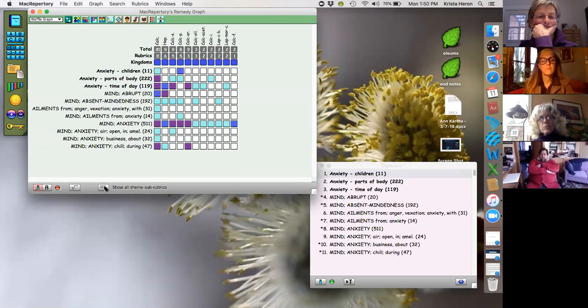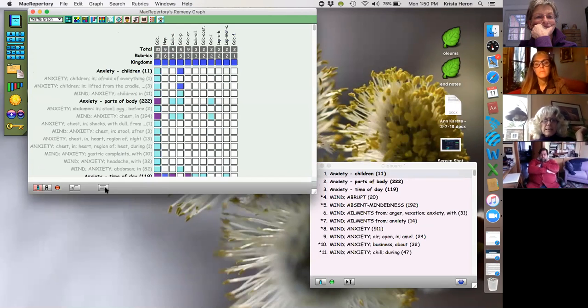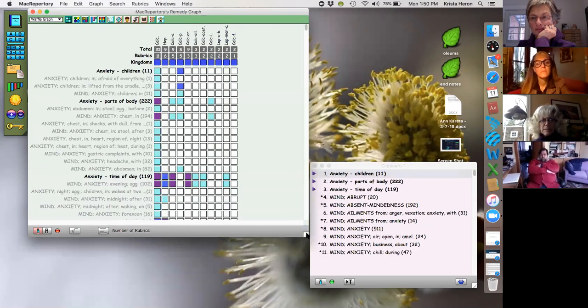But if we want to know what is inside each of these theme rubrics, we click on this menu at the bottom that says Show All Theme Subrubrics. Click on that, and it opens up those themes so you can see which rubrics are within each of them.